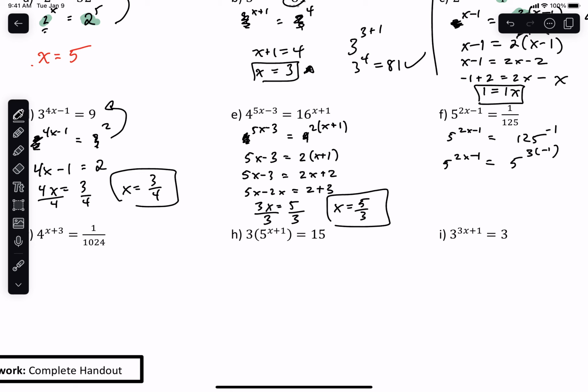And so I'm left with, now that the bases match, okay, and I can add 1 to both sides. And I get 2x is going to equal negative 2. Divide both sides by 2. X is going to equal negative 1.